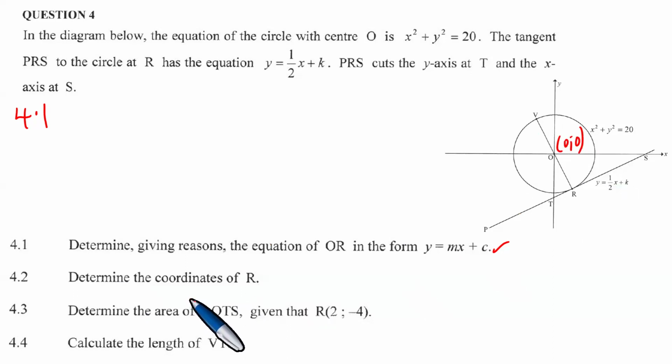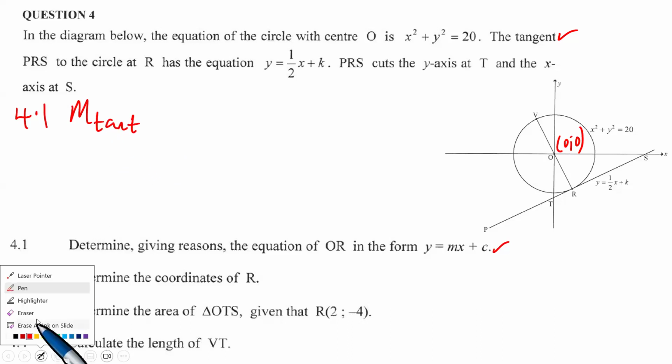And now to find the equation of OR, there are a couple of things that remain very important. Very smart question. But now you need to note that first we have the tangent. So you have the gradient of the tangent. What is the gradient of the tangent?